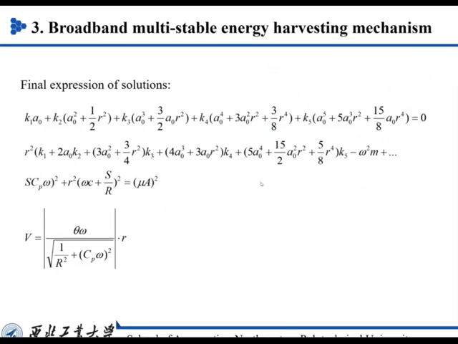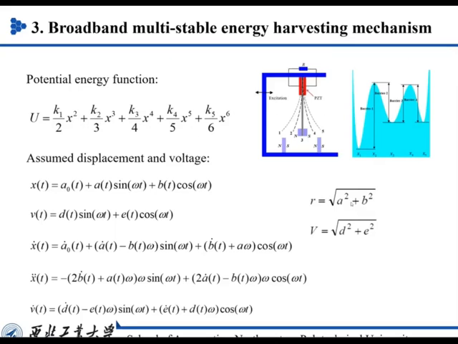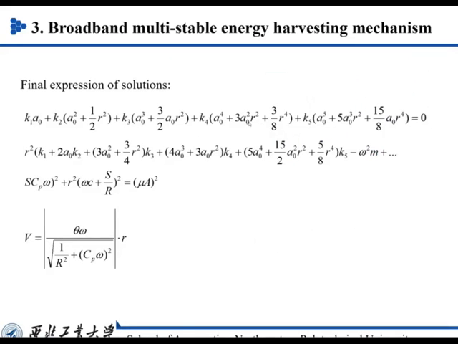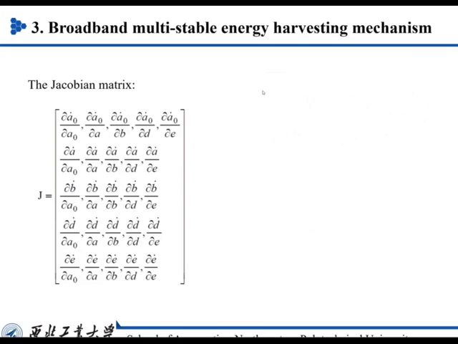So we can solve for A0, R and V. R means the amplitude of vibration, V means the amplitude of voltage, and A0 means the vibration center. We also get the Jacobian matrix to determine which solution is stable.